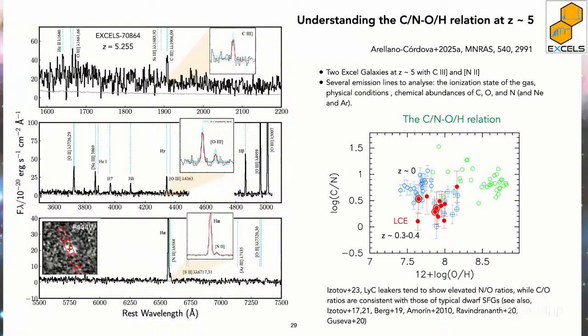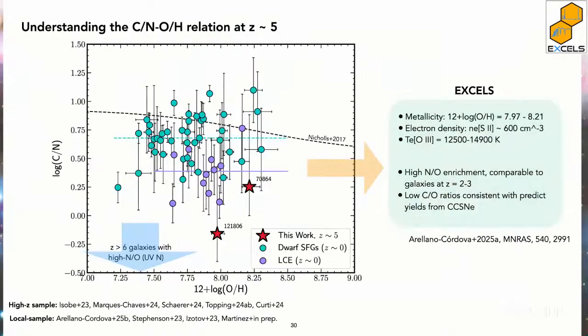They don't conclude much more than maybe massive star winds that can enrich nitrogen. So for these galaxies, this is the same plot: carbon and nitrogen versus metallicity, our local galaxies, the Lyman continuum emitters from Ispero 2023, and our galaxies.